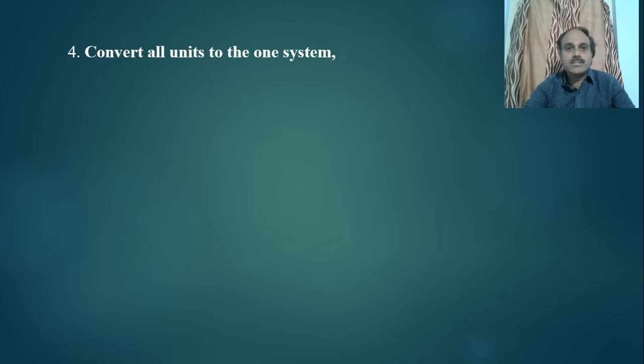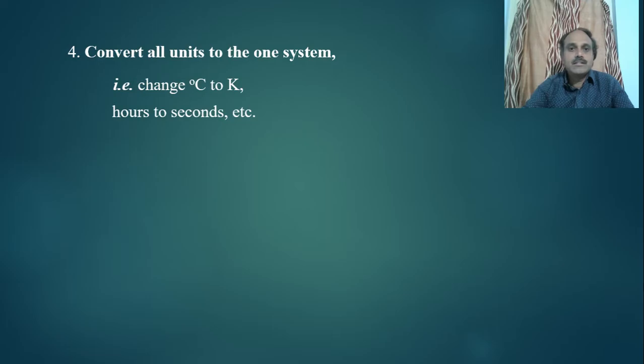And the fourth step is to convert all units to one system. This is the most important point in solving numerical problems. Many students end up with wrong answers because they are unable to convert the units into one system. You can convert the units into the SI system.